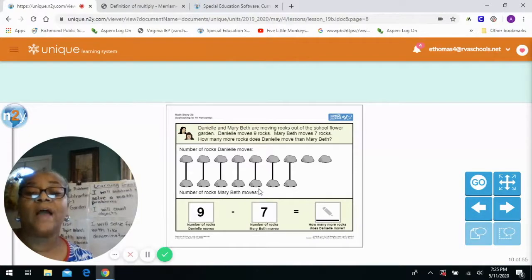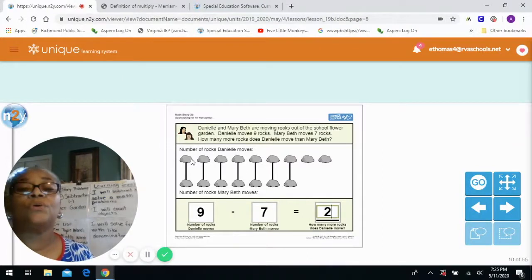So how many more? Because she has less. So how many more? Two. Very good. So 9 minus 7 equals what? 2. So Danielle has two more rocks than Mary Beth.